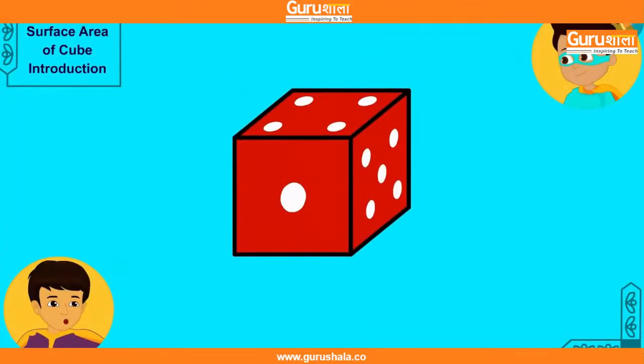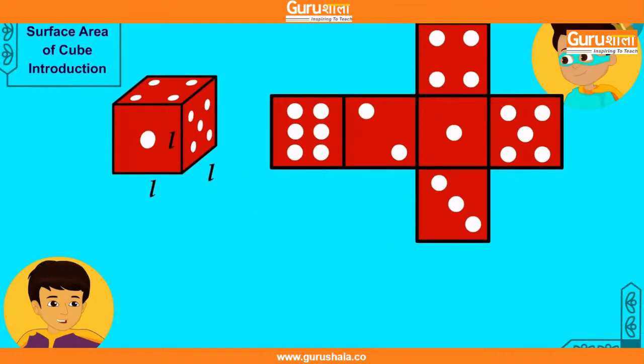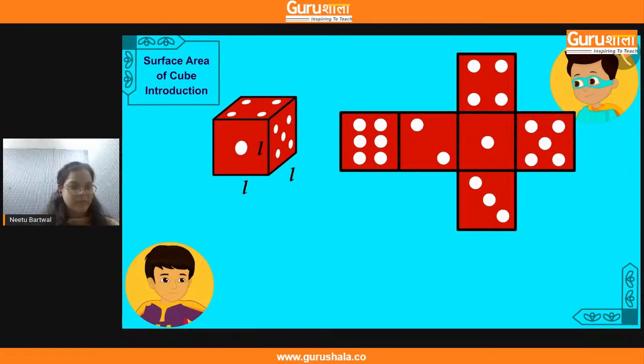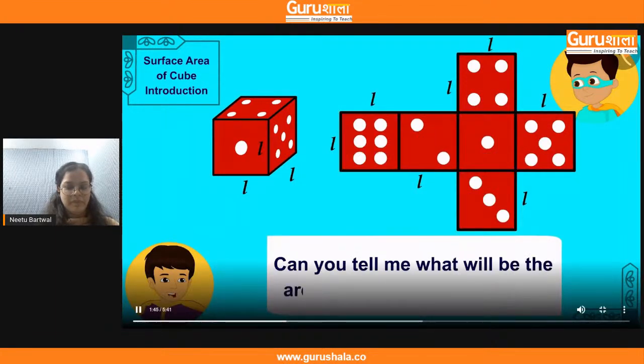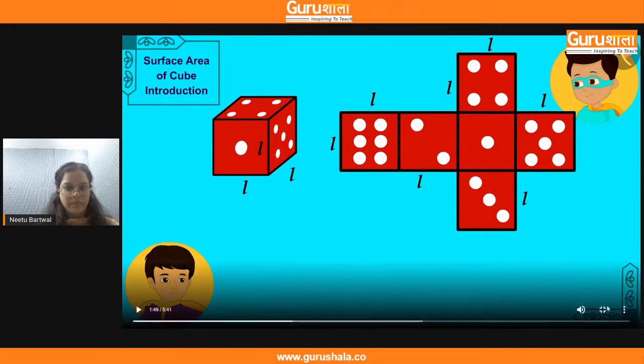Suppose the length of each side of this dice is 1. If we open this cube-shaped dice and flatten it, its net will be formed and it will look something like this. Can you tell me what will be the area of each side of the dice?